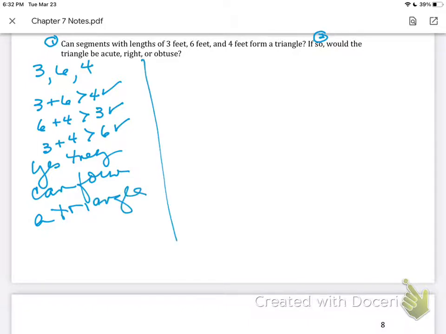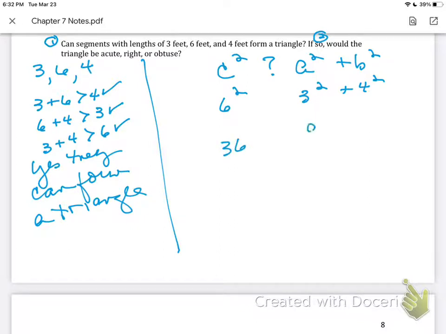All right, so now we're ready for our next question. If so, would the triangle be acute, right, or obtuse? C squared, question mark, a squared plus b squared. The c is always the biggest side, so that's 6. 6 squared, and then I'll do 3 squared plus 4 squared. Okay, 6 squared is 36. 3 squared is 9. 4 squared is 16. 9 plus 16 is 25.